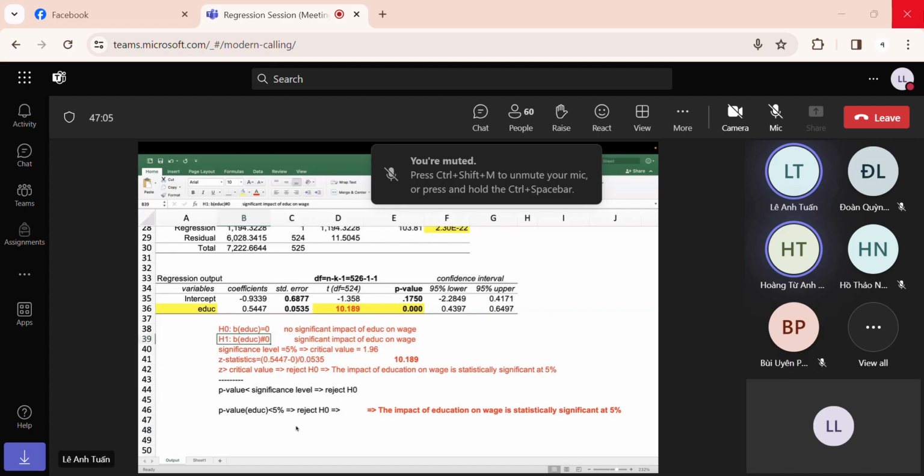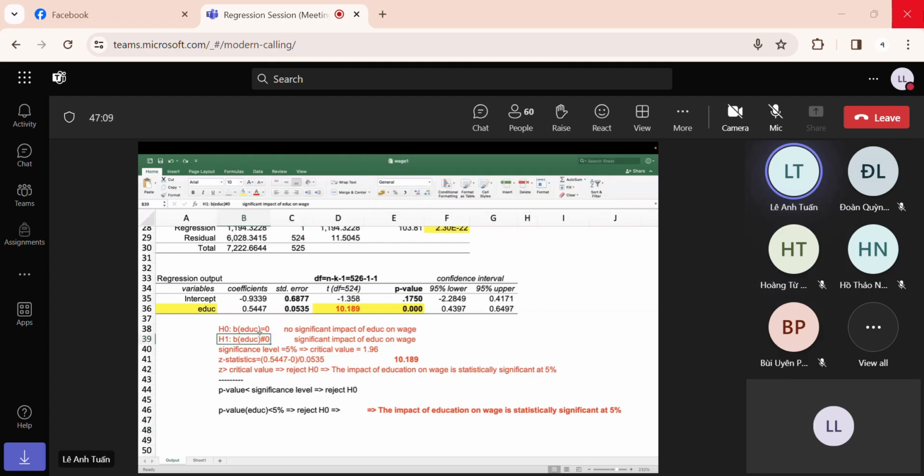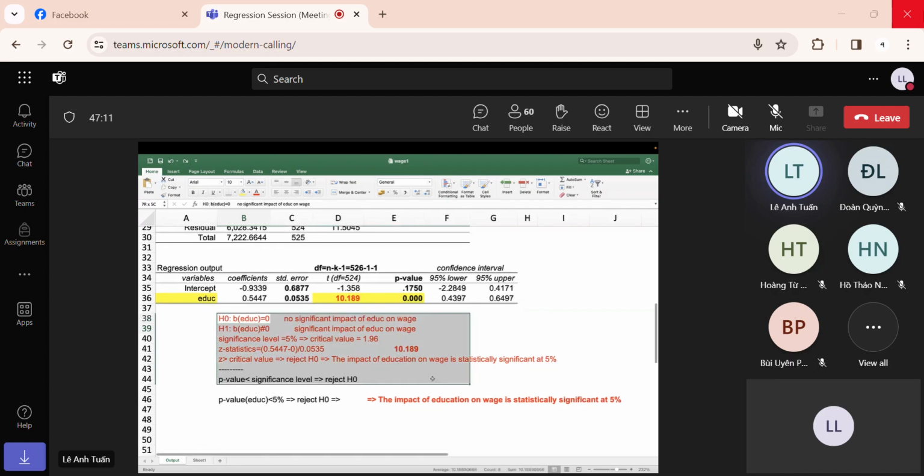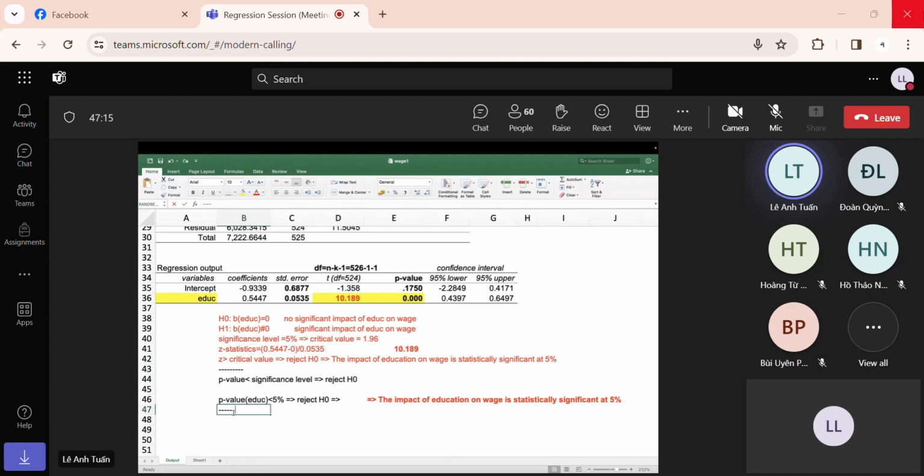Okay, yeah. For example, now you would like to test whether the coefficient here equals 1 or is different from 1, right? That is your question.